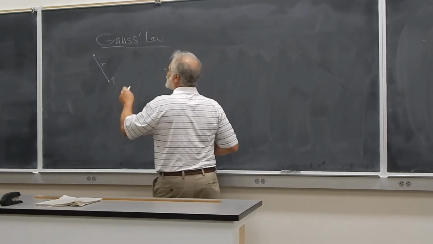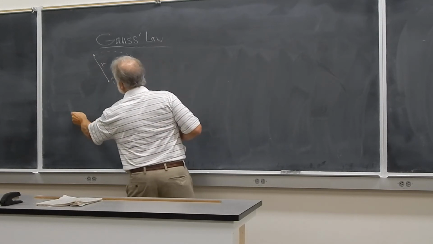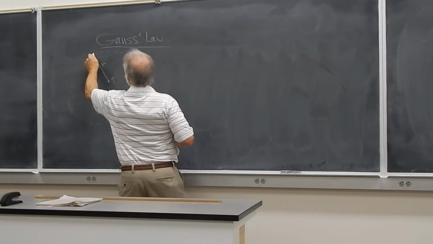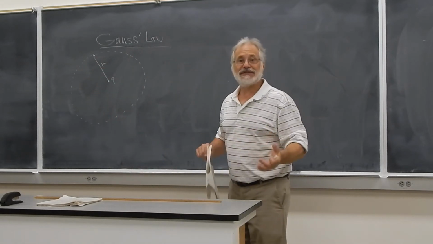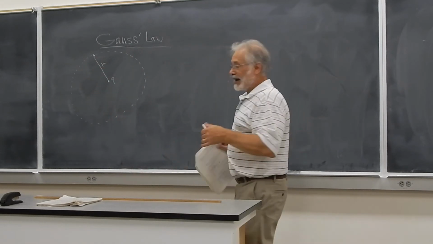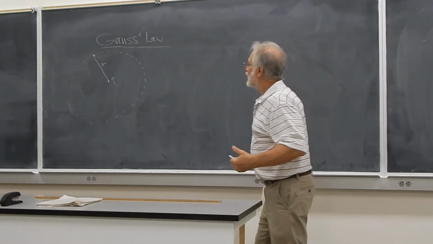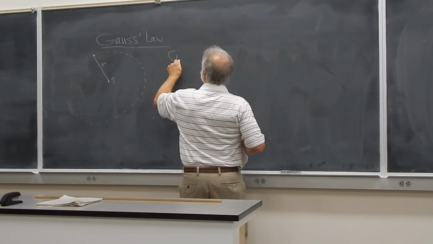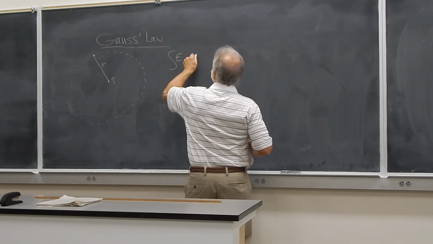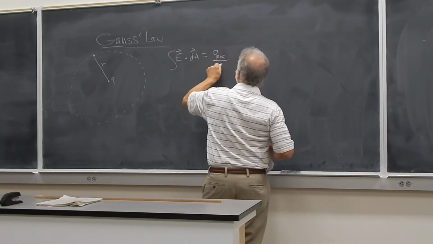In the case of a point charge, the simplest drawing to make is a Gaussian surface. We call this a Gaussian surface that has a radius of r, that in this case is a Gaussian sphere, a radius of r and an area of 4 pi r squared. And we apply Gauss's law. We say that the integral of E dot dA is equal to the charge enclosed divided by epsilon naught.